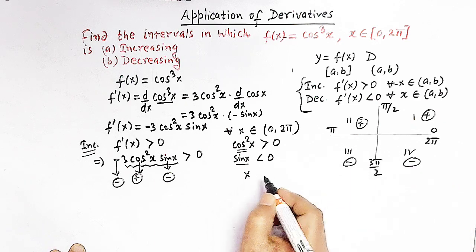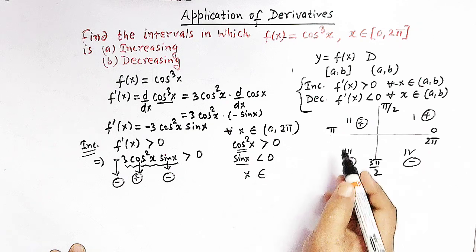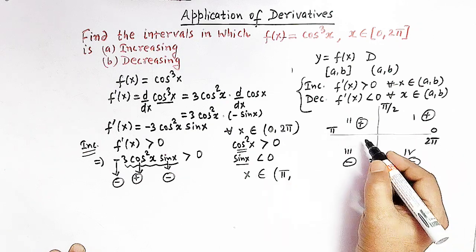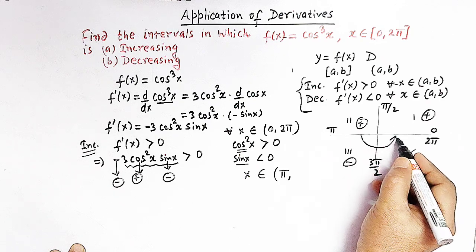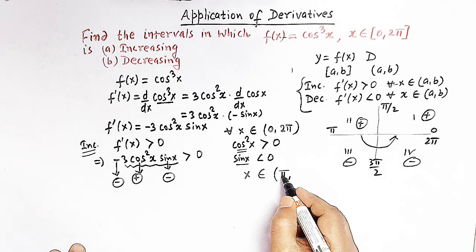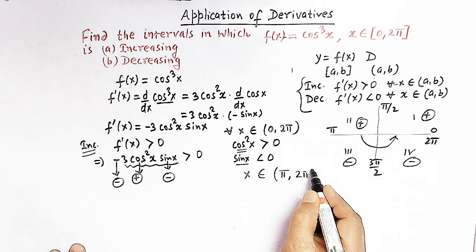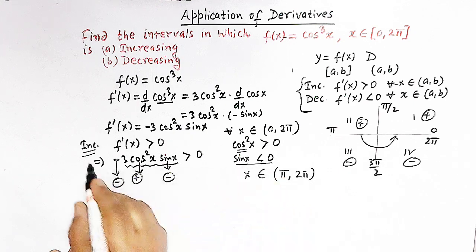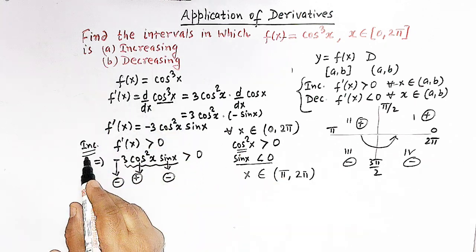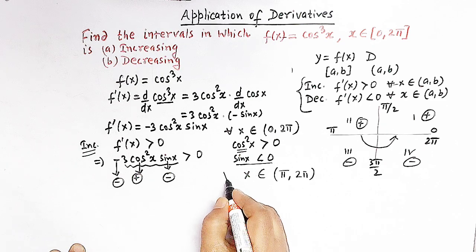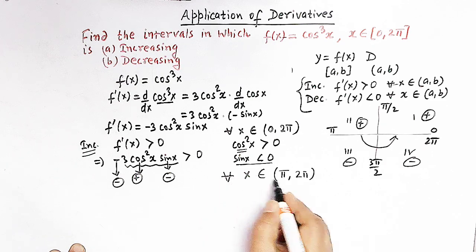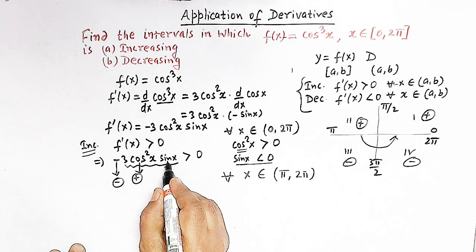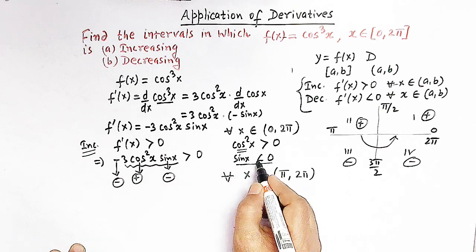So when x belongs to this interval, that is from pi to 2 pi, right? So when x belongs to the interval pi to 2 pi, then sin x is less than 0. So this function is increasing for all x belonging to pi comma 2 pi, because in that case sin x is less than 0.